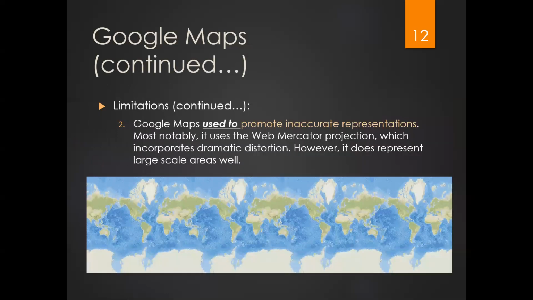The second one is the past, but we should still know that Google Maps used to promote inaccurate representations. Especially, it used something called web Mercator projection to portray the whole world. And you should know that this web Mercator projection exaggerated the size of mid to high latitude areas a lot.